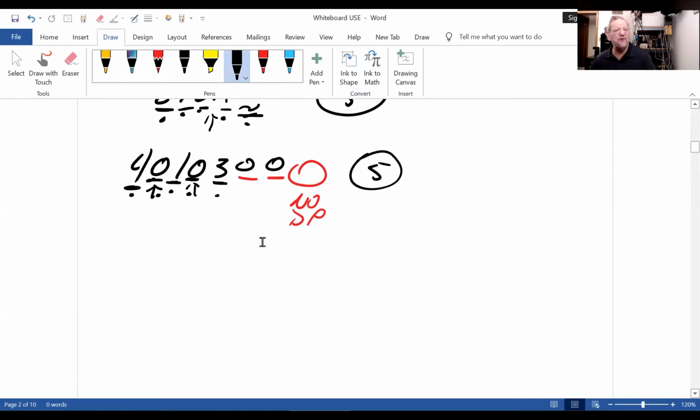All right, let's do one more because these are fun. How many significant figures does this number have? Ooh, scientific notation.